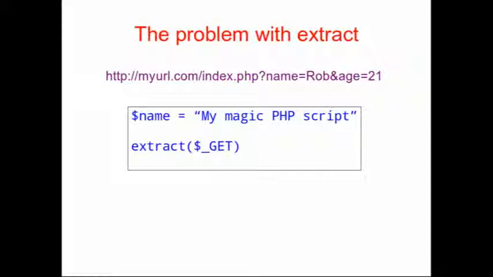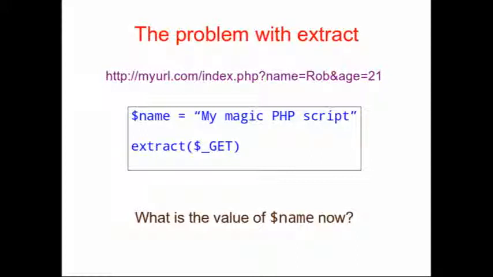But of course there's a problem with extract. If I have a variable that's already defined, like name, and I run extract $_GET, I'm going to overwrite my name. So now the value of name becomes Rob and not what it was before. The other problem, the real problem with extract, of course, is that somebody could do something malicious.